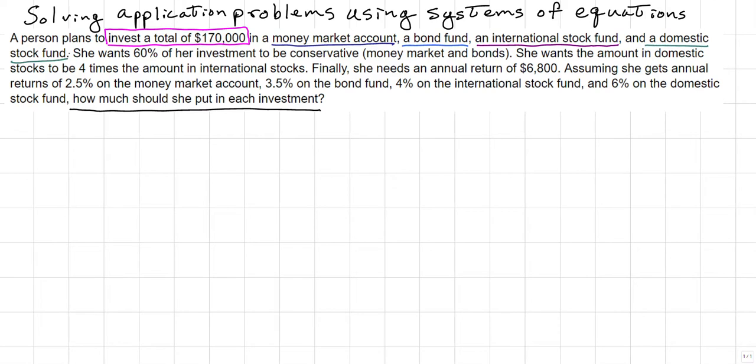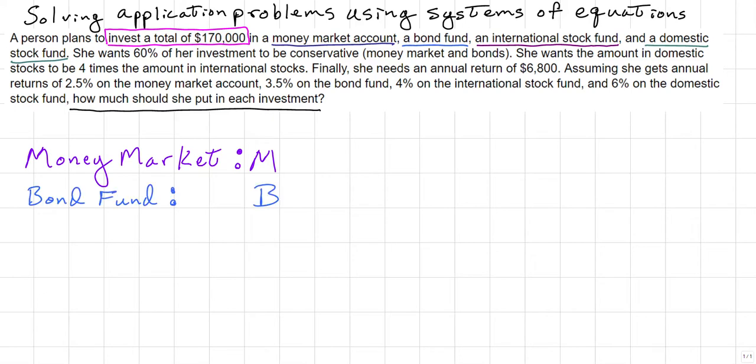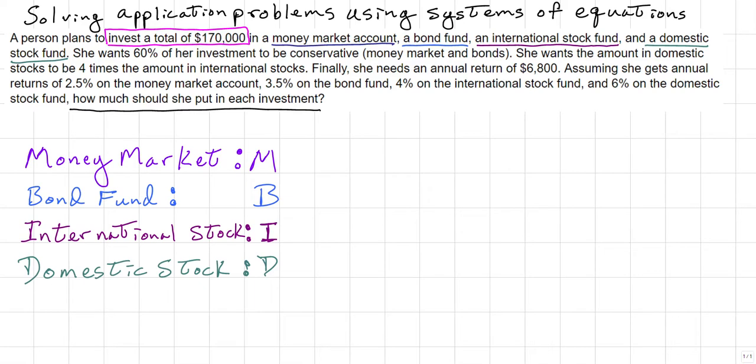So now what we need are variables to represent those. It should make sense that for the money market account, we'll use M. For the bond fund, we'll use B. For the international stock fund, we'll go ahead and use I. And finally, for the domestic stock fund, we'll use D. We could also use x sub 1, x sub 2, x sub 3, and x sub 4.